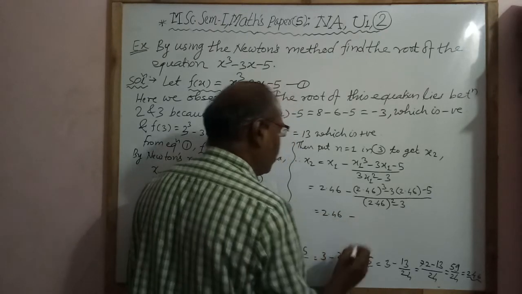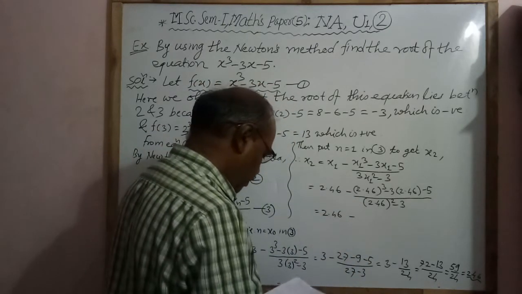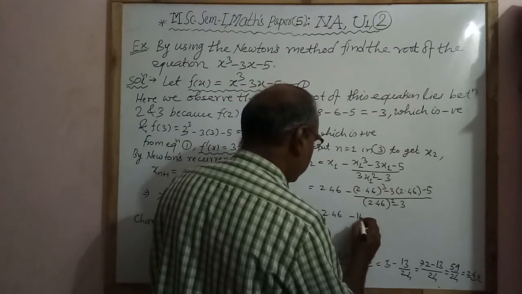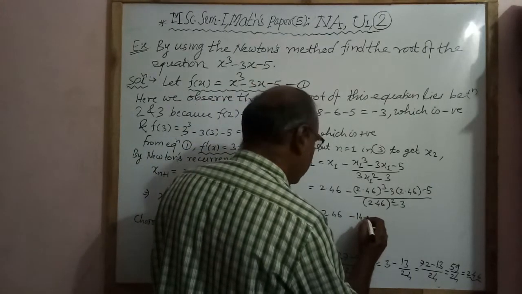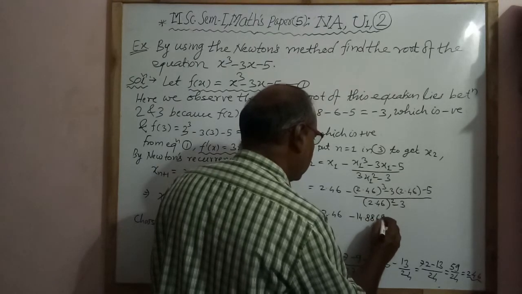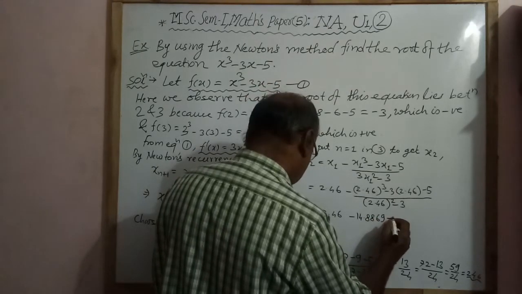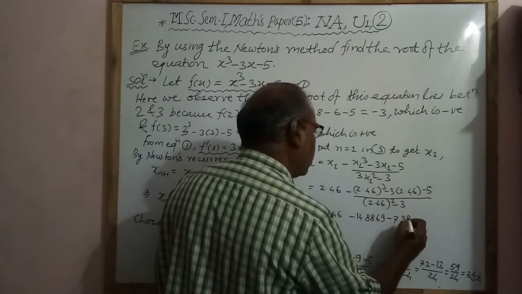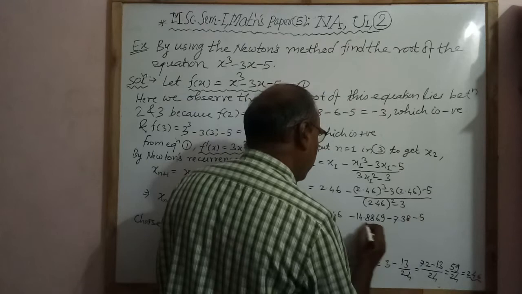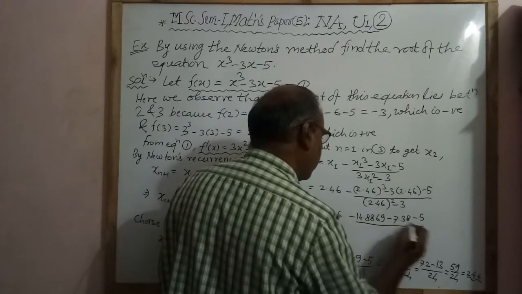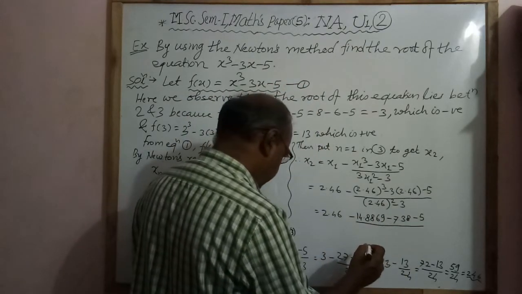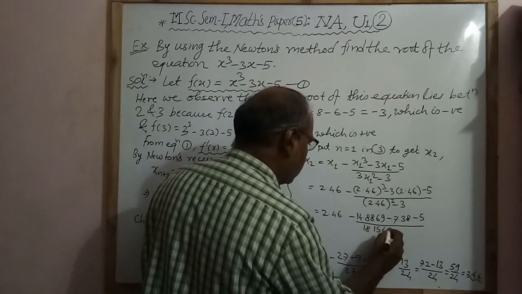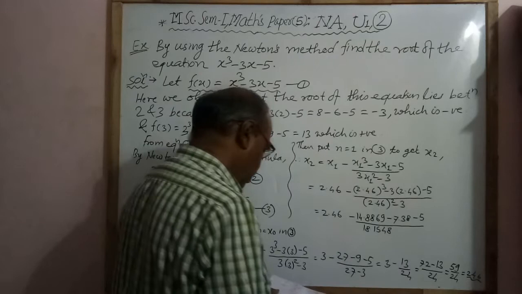Therefore 2.46 minus cube of this, 14.8869, minus 7.38, minus 5, divided by square of this, you will get 13.1548.